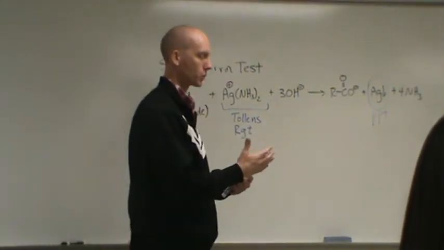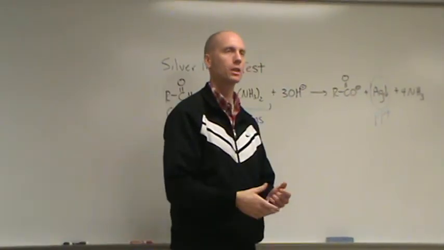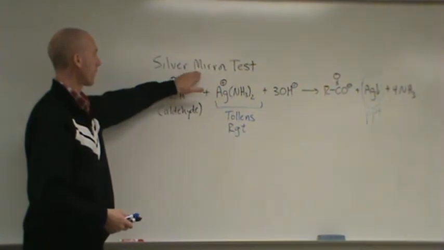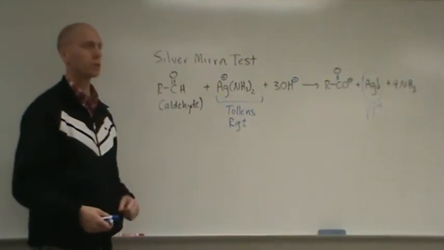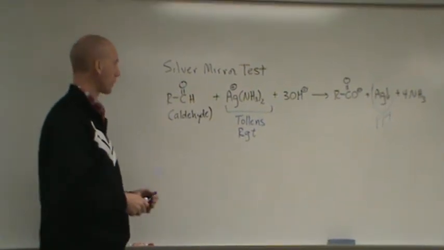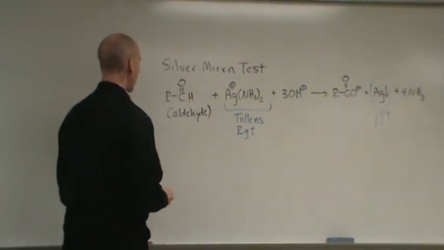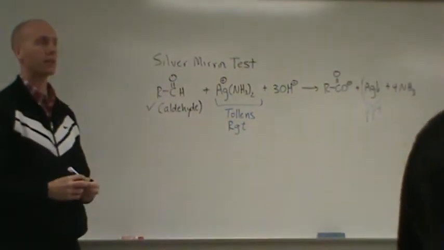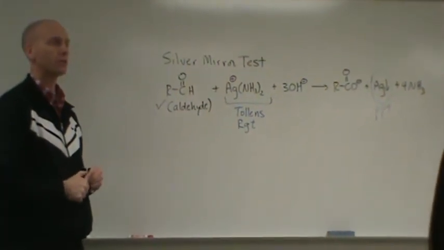It coats the flask with silver, and so it creates a shiny mirror, and so we call it the silver mirror test. And this only works for aldehydes. It doesn't work for any other kind of carbonyl compound.